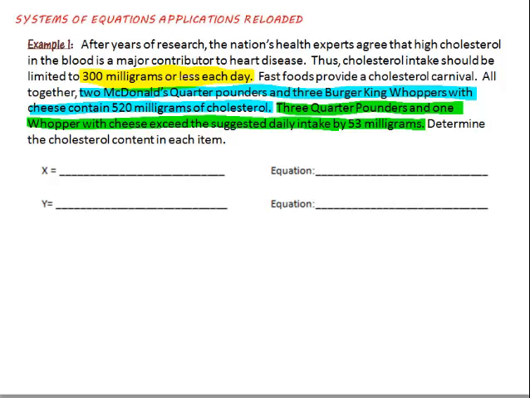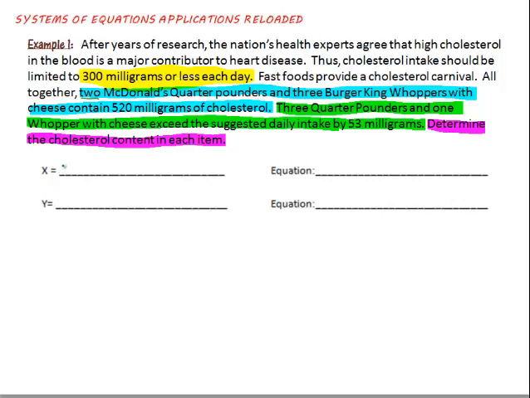We're going to take our first equation from the 2 McDonald's Quarter Pounders and 3 Burger King Whoppers with cheese. But first we have to identify what we're going to label our X and our Y. What we're trying to find, at the end we say, determine the cholesterol count in each item. So our items are the Quarter Pounder and the Whopper.